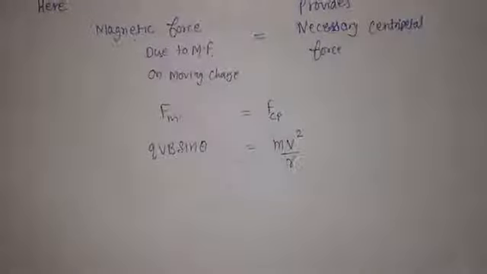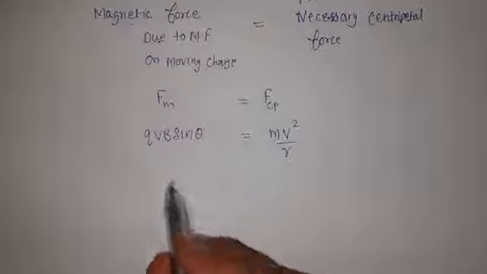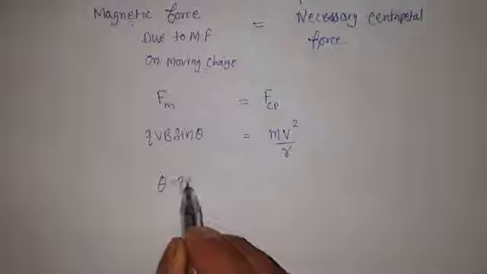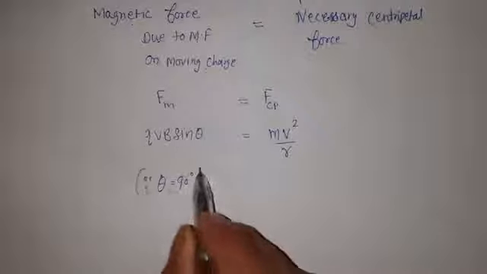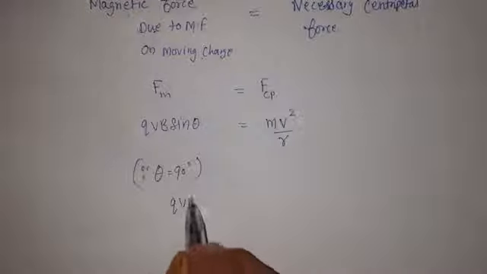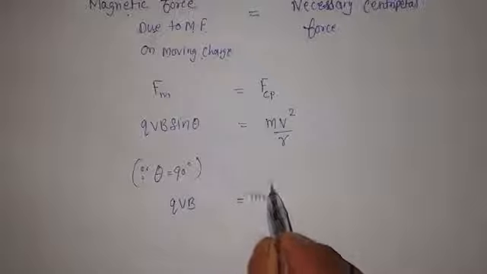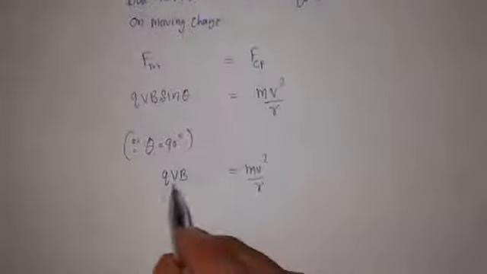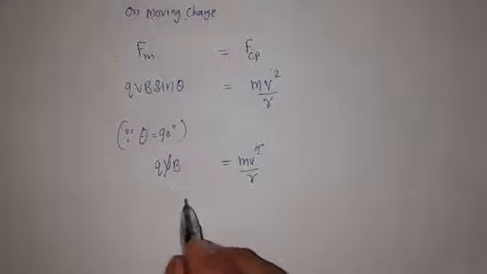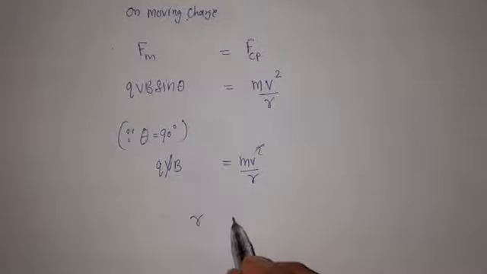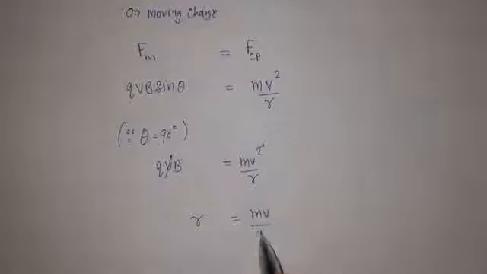It is going to enter perpendicularly. Thus QVB equals mv square by r, and one v is going to cancel, thus r is equal to mv by qB.